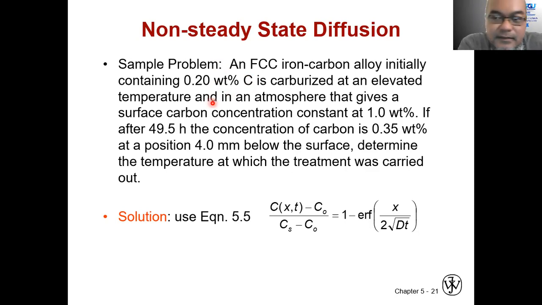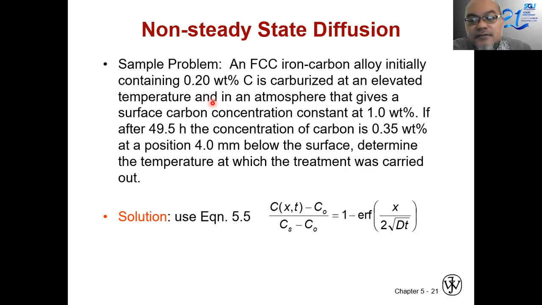It is carburized, meaning that its surface is further exposed to carbon at an elevated temperature and in an atmosphere that gives a constant surface carbon concentration of 1 weight%. If after 49.5 hours the concentration of carbon is 0.35 weight% at a position 4 millimeter below the surface, determine the temperature at which the treatment was carried out.